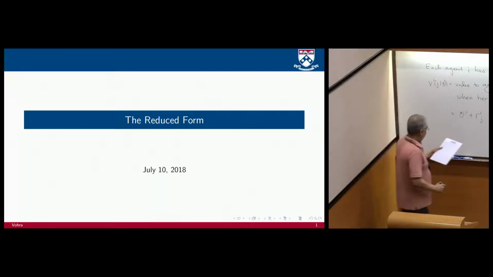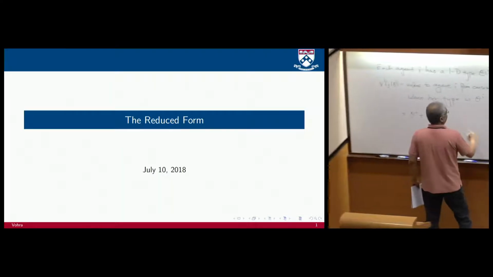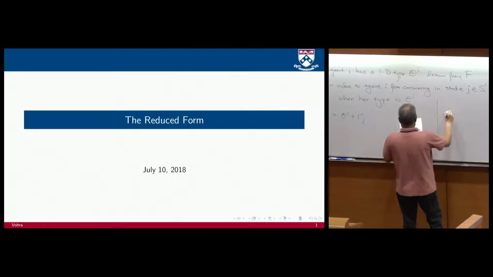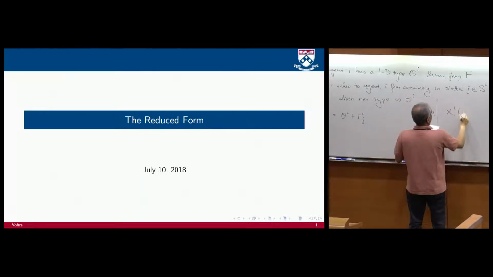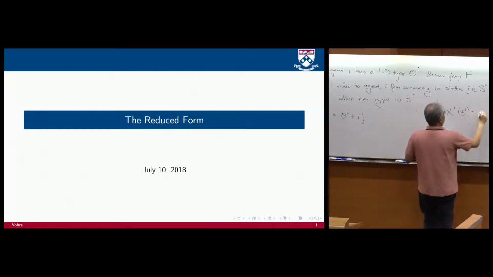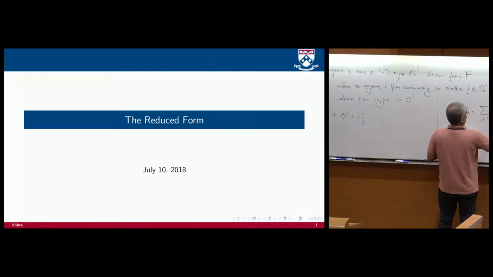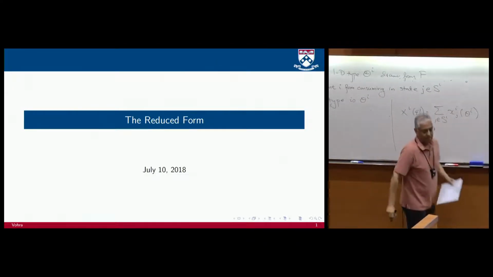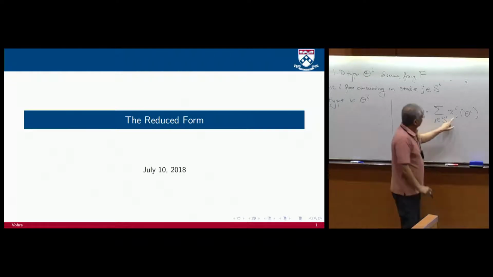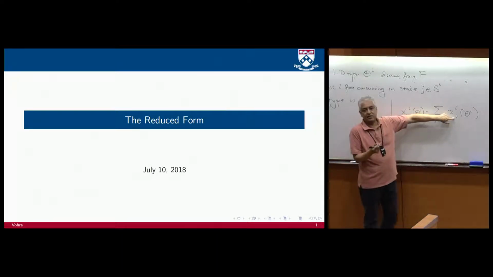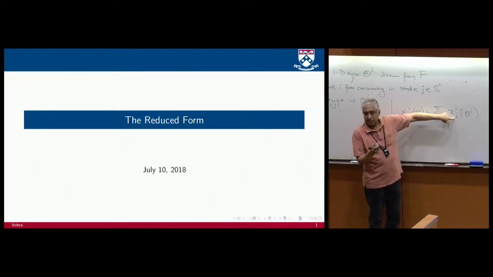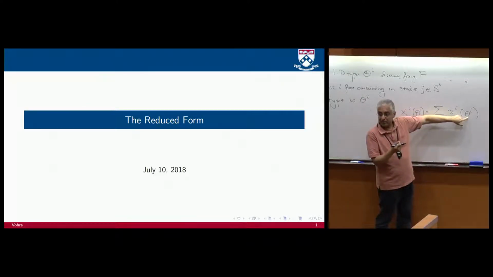Okay, and now I need one more piece of notation. Okay, so over here I have, so what's my mechanism going to do? My mechanism, you're going to make a report about your private information.